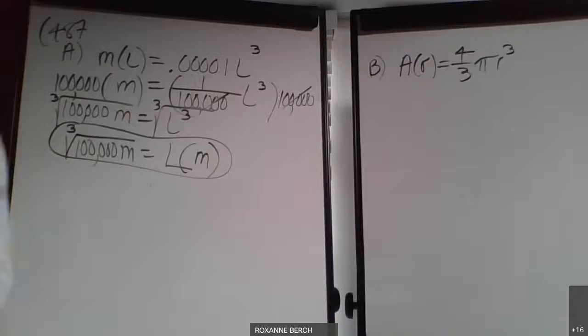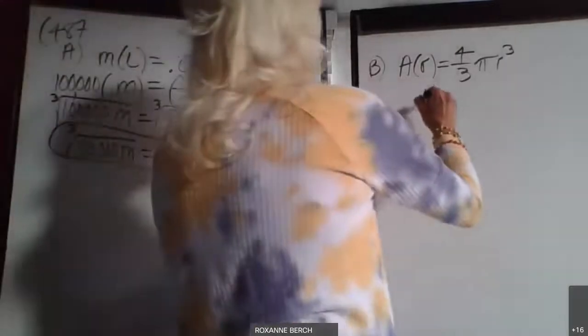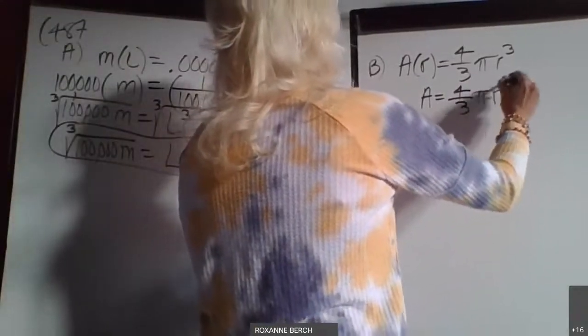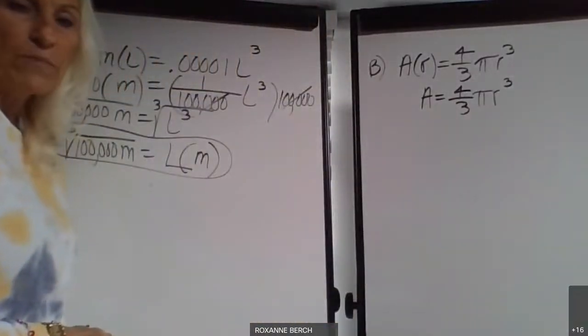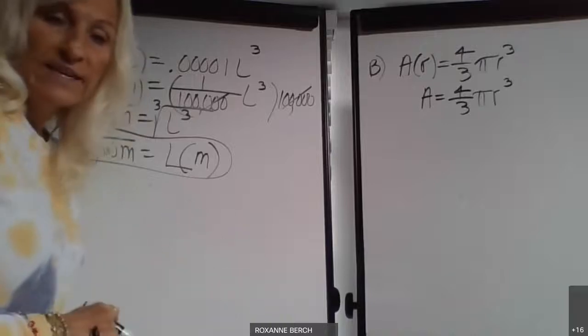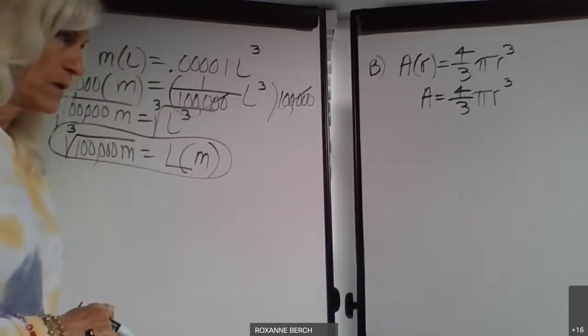So once again, they just want us to write the inverse function. We're not estimating or doing anything. So this is a is equal to 4/3 pi r cubed. So with these problems that we're modeling and finding an inverse, we don't switch the variable, just solve for r.